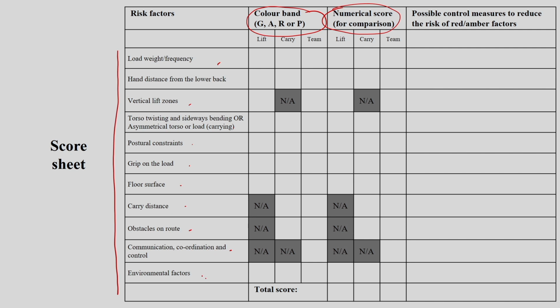So 11 risk factors are associated. Also, we have a blank column which talks about possible control measures to reduce the risk of red and amber factors. We will get those values, and we will understand how we get these possible risks.